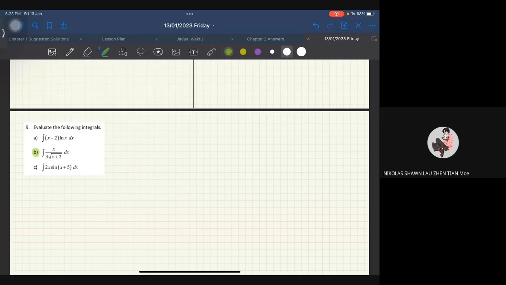Let us discuss question 9B. Based on this question, which is your u? Which one is your u? We follow the order of LIATE. Which one is your u? x, or x plus 2, or 1/3 square root x plus 2, or what?